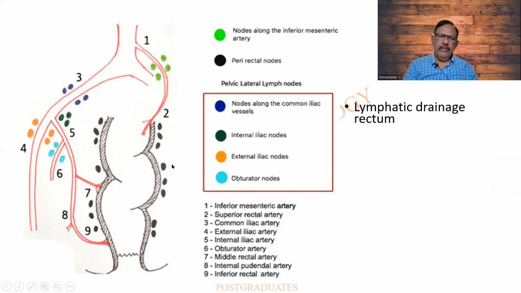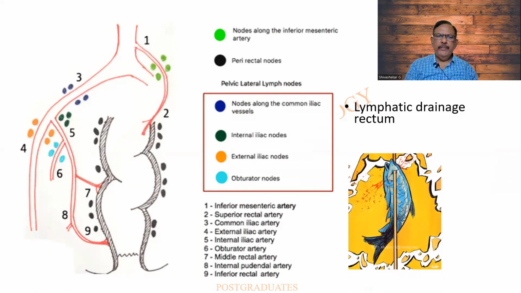And there will be the internal iliac nodes also over here. And there will be the common iliac nodes. This we should be familiar with. So there are the mesonephric nodes, the internal and the common iliac group of nodes. Have this in mind.